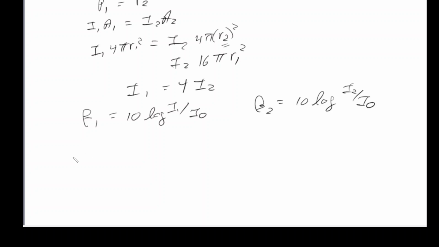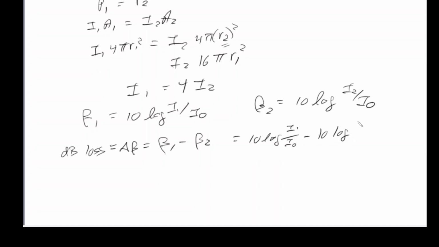So we want to know what our decibel loss is. The decibel loss is basically a change in our decibel level, which is beta 1 minus beta 2. And that's equal to 10 log I1 over I0 minus 10 log I2 over I0.